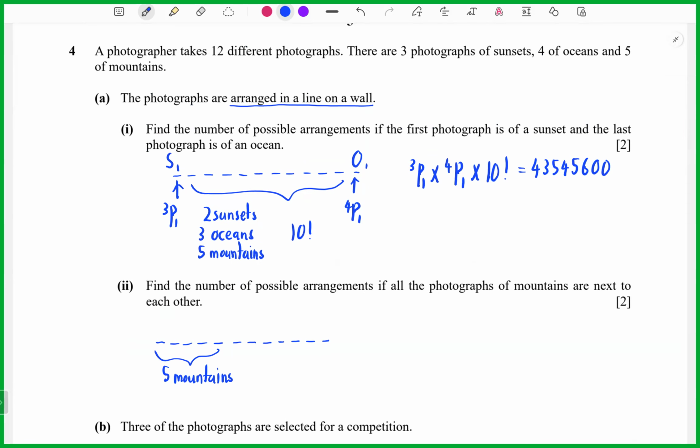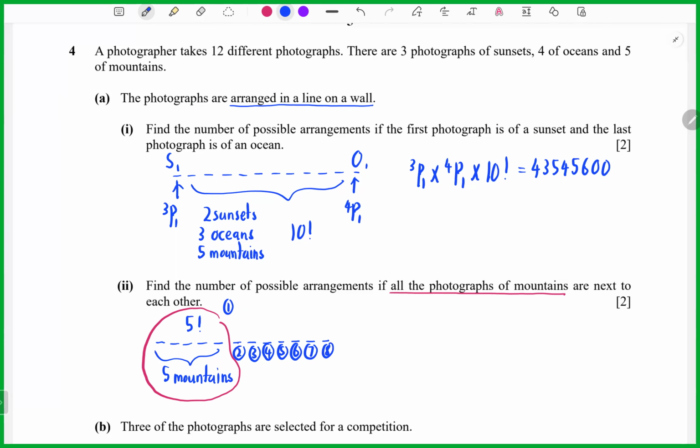We can consider them as one group, because all the mountain photographs are next to each other, so we consider this as one part.